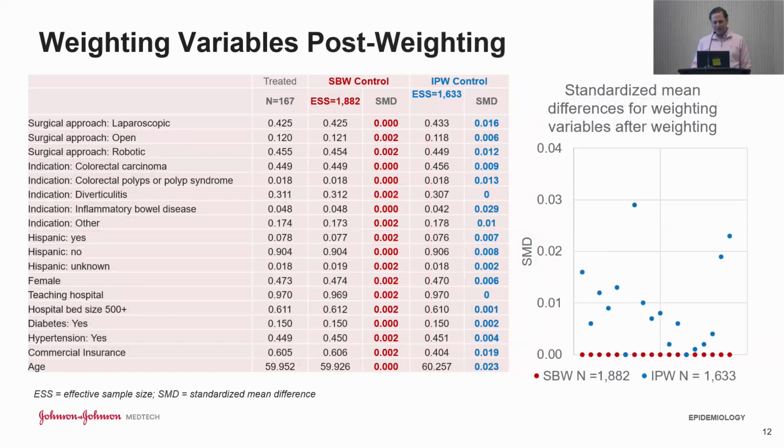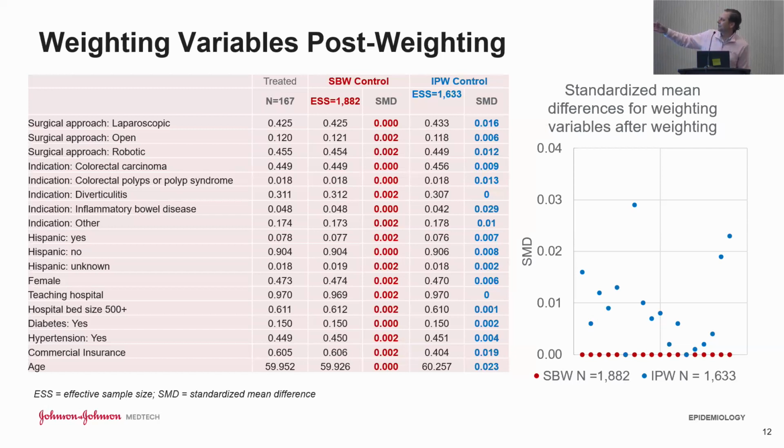This is the results after weighting. So if you direct your attention to the red column, first of all, this is the stable balancing weighting results. You can see that all the standardized mean differences are at that threshold of 0.002 or below. We have an estimated sample size of 1,882. Now, for the inverse propensity weighting, it did pretty good.